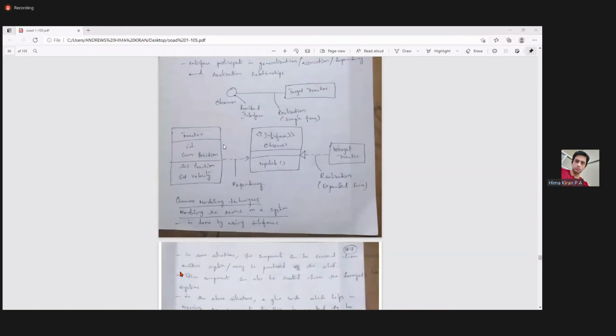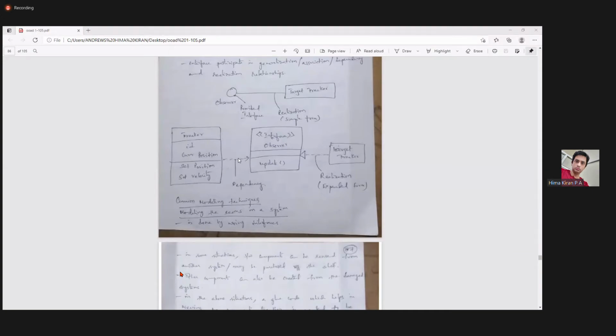Next, a tracker, observer, target tracker. So a dependency relationship has been established between the tracker and the observer. This tracker acts as a dependent entity and this observer acts as an independent entity. How can I say that this is dependent and that is independent?